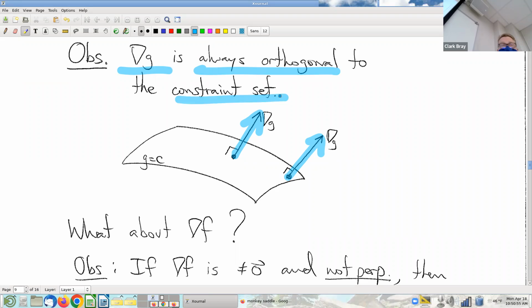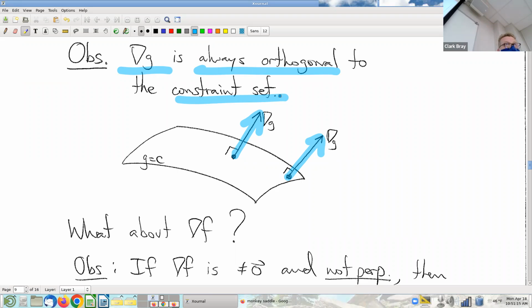And this is just a warmed over restatement from chapter 2, I guess it is. Gradients are always perpendicular to level sets, right? So here, the constraint gradient is always orthogonal to our constraint set. Yep. The constraint set is the level set of the constraint.